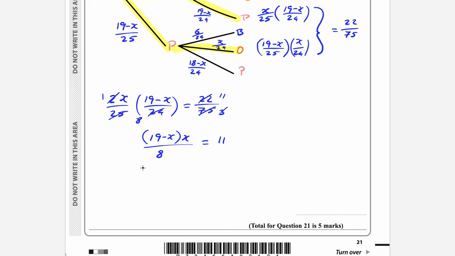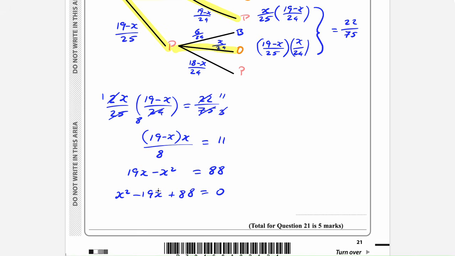So now, multiply out the top, I have 19x minus x squared equals, multiply across here, 88. Rearrange this quadratic. Let's add the x squared to the right, so it'll become plus x squared minus 19x, and then the 88 is still positive, so plus 88 equals 0.